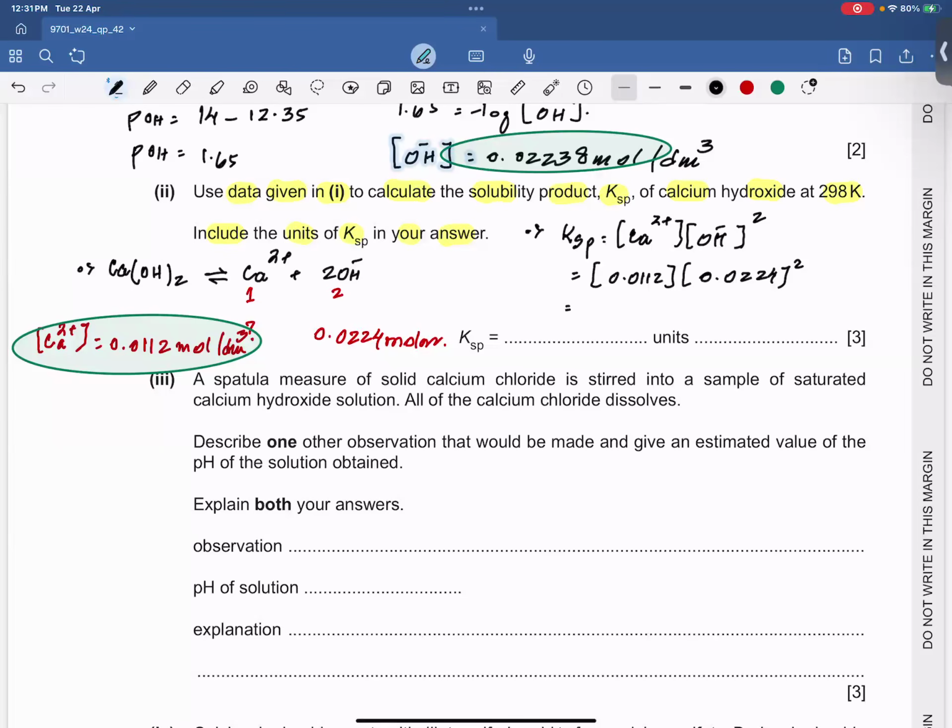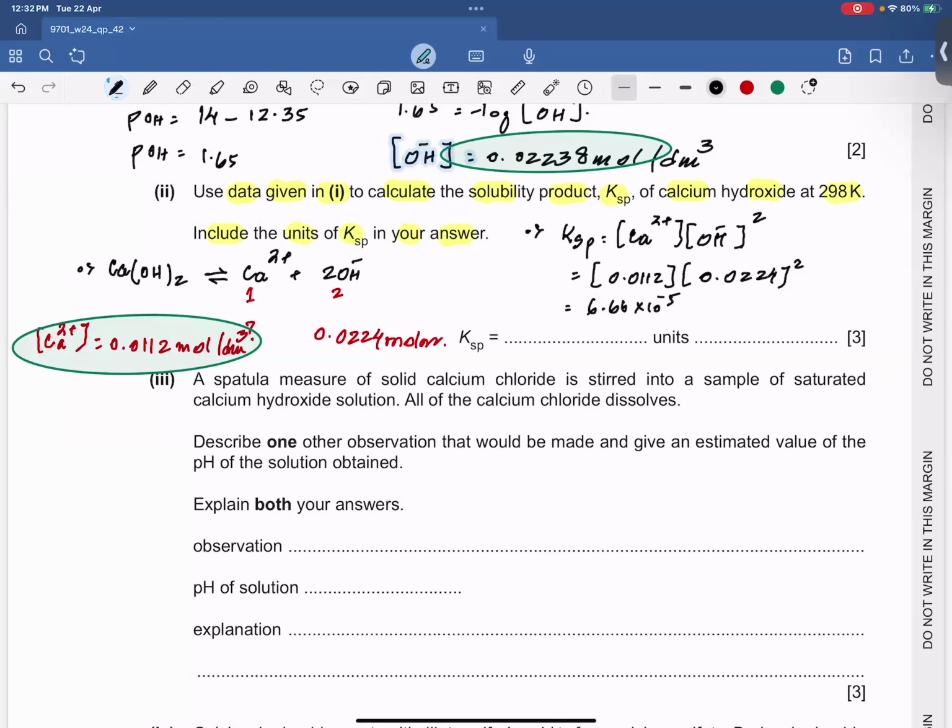So concentration 0.0244 square into 0.0112. It's 6.66 into 10 to the power minus 5 आ रहा है.